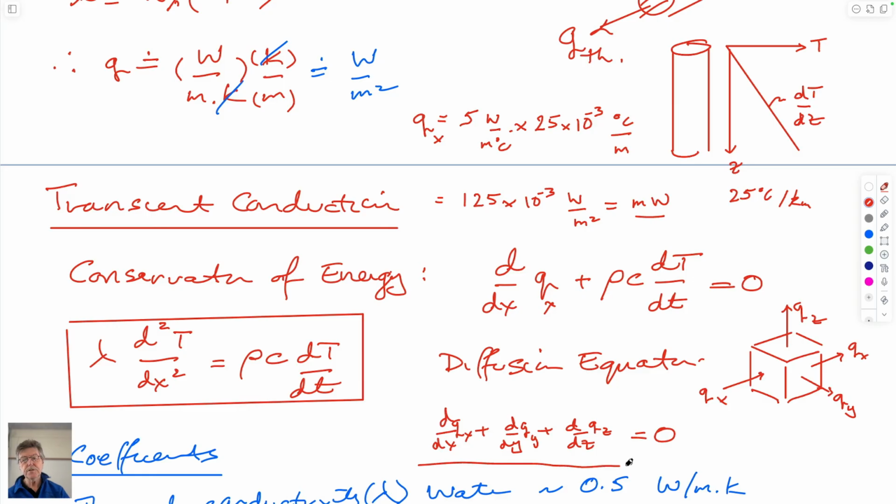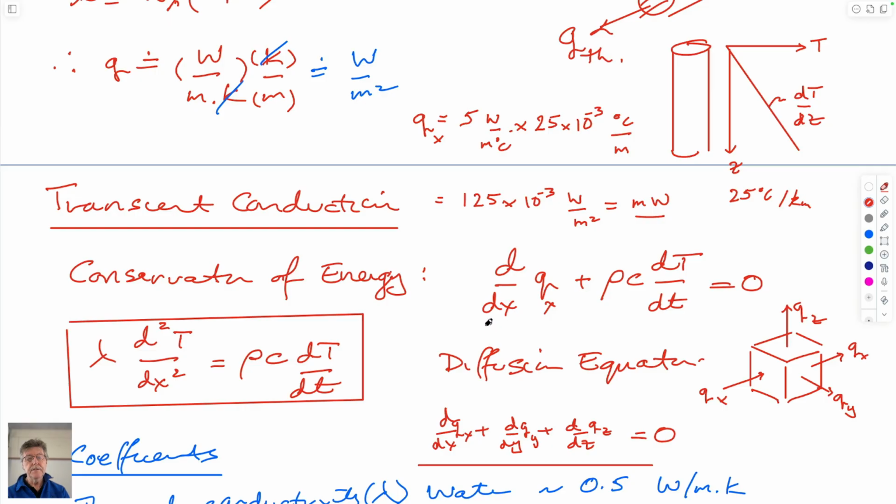So this is conservation of energy. It's saying that any energy that goes in here, it can't accumulate because we're not allowing it to. Any energy that goes into here has to come out. It may come out from this face, but it can also come out of the other faces. And the mathematical statement of that is this.